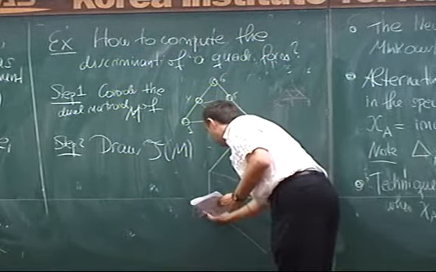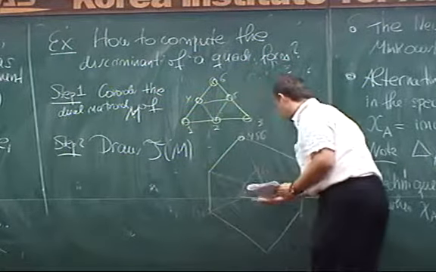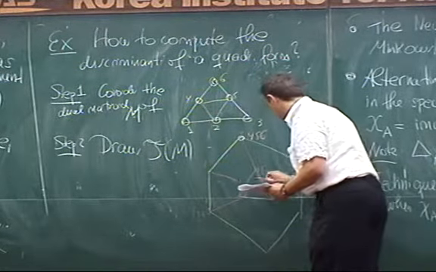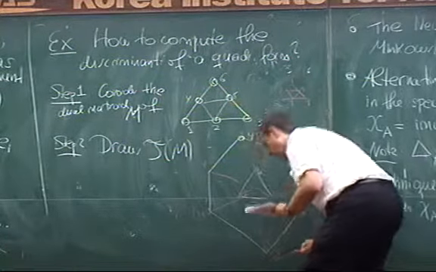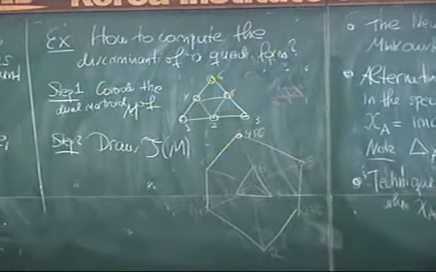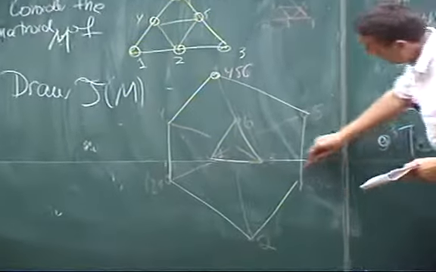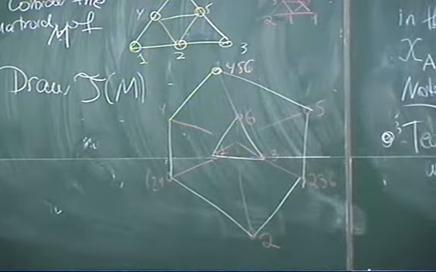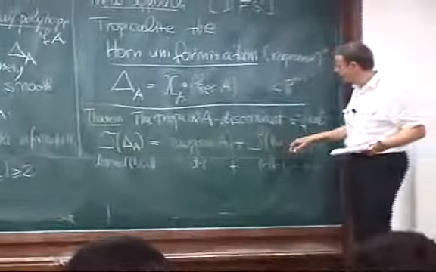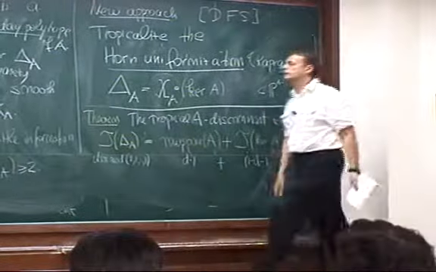Here we have 1, 2, 4. It's a non-planar graph. And then this 6 connects down there, which is 2. Okay? So this is a nice non-planar graph. So this is step 2. That's the tropical linear space. So this is the combinatorial data that we calculate here.